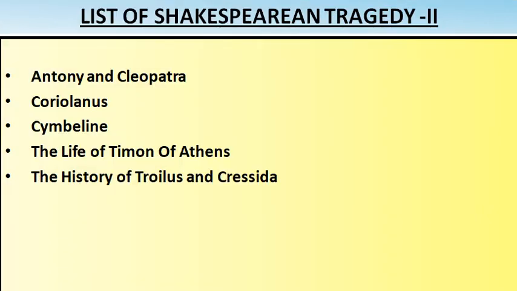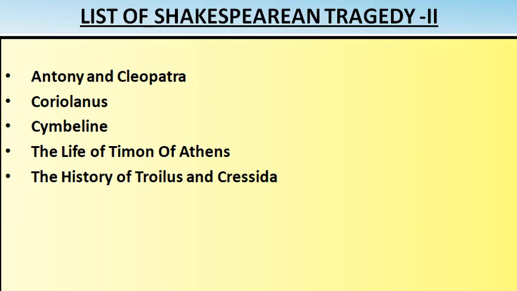Moving to the other list of Shakespearean tragedies, next is Antony and Cleopatra. Next one is Coriolanus, and the next one is Cymbeline, and after that is The Life of Timon of Athens, and the last one is The History of Troilus and Cressida. So these are all the list of Shakespearean tragedies.